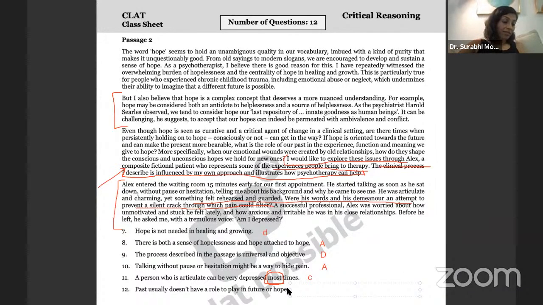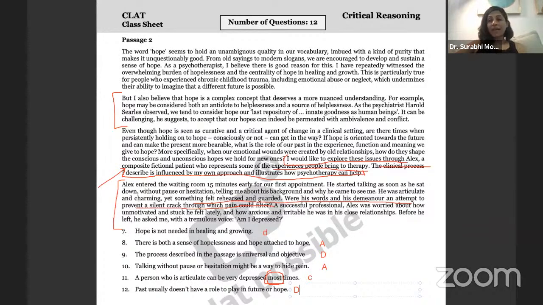What about the 12th? From what the author says in the second paragraph, it appears that past has a role to play in future. The author gives you examples of relationships, experience. So while we cannot say it's definitely false, we can say it's probably false, because for both probably and definitely false, we have the same option.